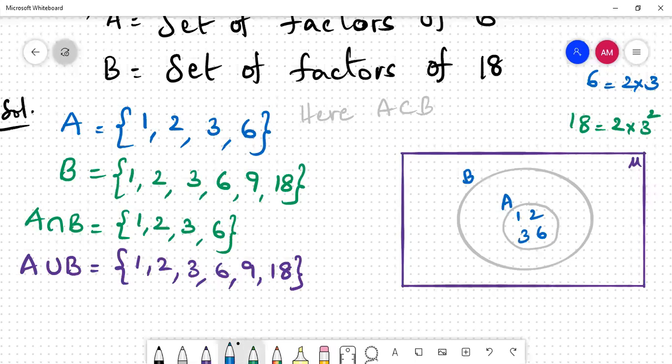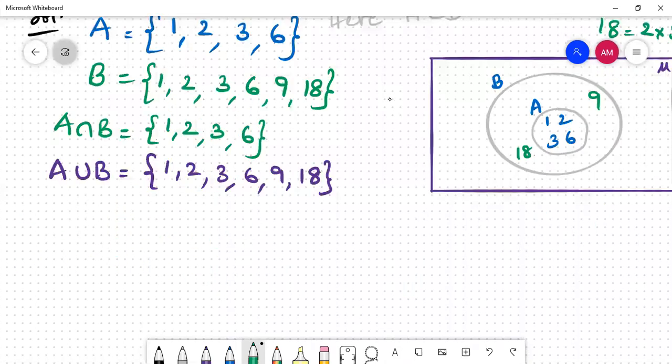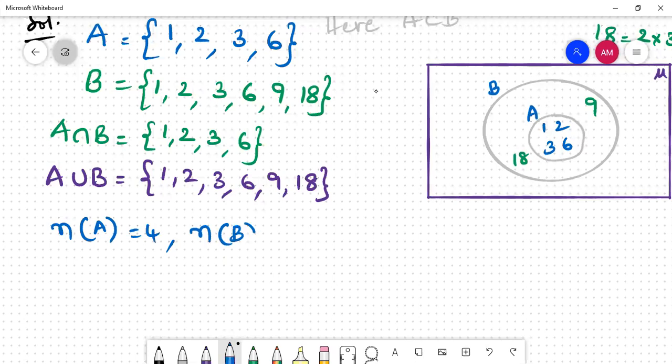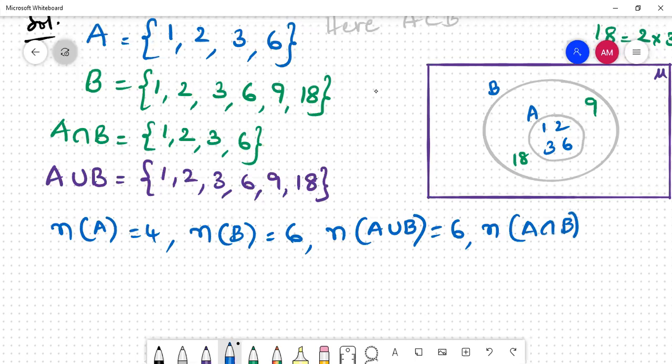Now what is n of A? 4. What is n of B? 6. What is n of A union B? 6. What is n of A intersection B? 4.